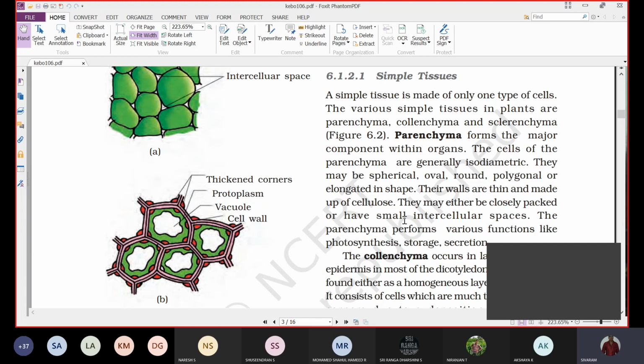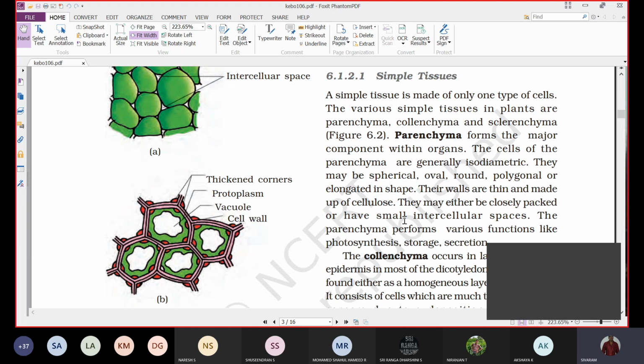The various simple tissues in plants are parenchyma, collenchyma, and sclerenchyma. There are three major types of simple permanent tissues. The first one is parenchyma, the second one is collenchyma, and the third one is sclerenchyma.